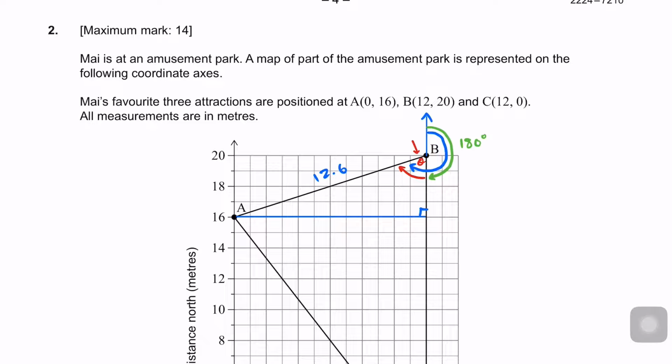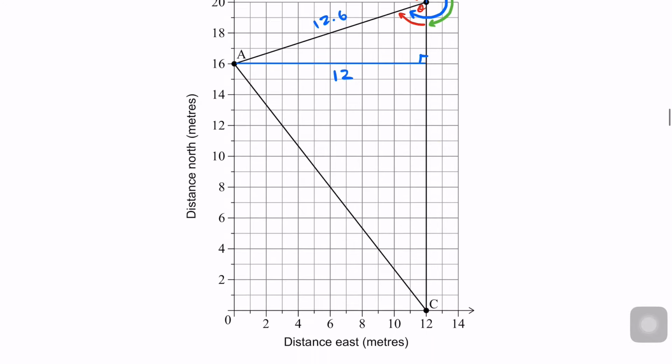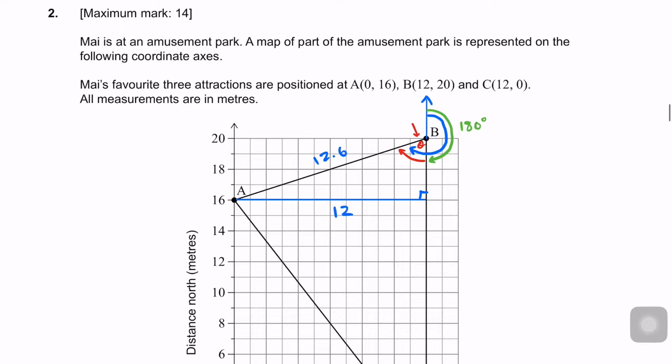From the original question, this was equal to 12, going down here, and this was equal to 4. It doesn't really matter which trigonometric relation we use, but I'm going to use the opposite and the adjacent, because those we know exactly. 12.6 we've rounded, so I'm going to use 4 and 12.